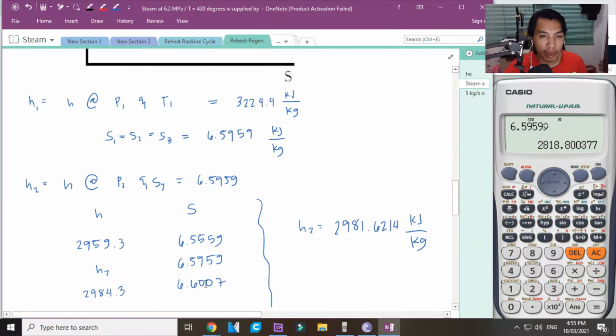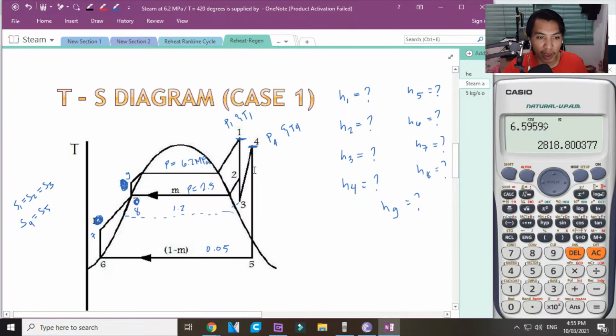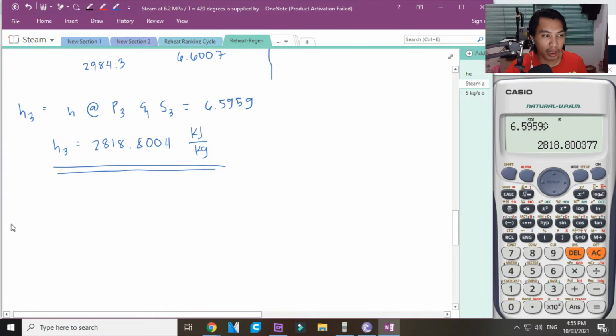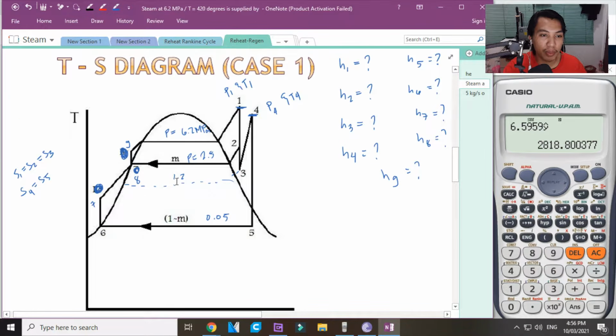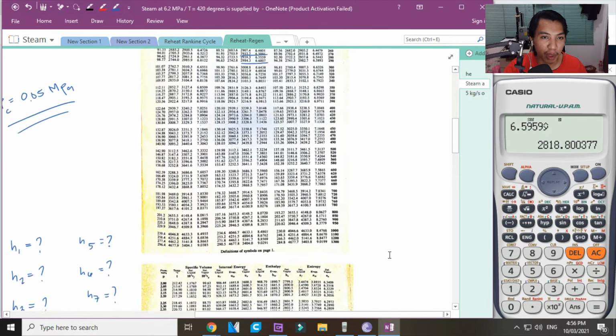Now, tignan nyo ulit yung diagram, tapos na tayo sa H3. Yung H4, mahanap natin. H4 can be determined using P4. That is, I think, 1.2, kasi ito, constant pressure lang yan. 1.2 MPa.